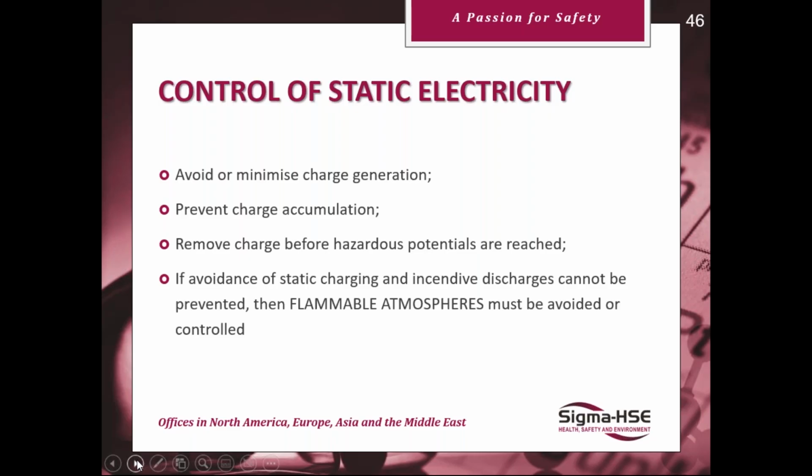Prevent charge accumulation if you can. Remove charge before hazardous potentials are reached. If avoidance of static charging and incentive discharges cannot be prevented, then flammable atmospheres must be avoided or controlled. You may end up having to use nitrogen under inert systems.